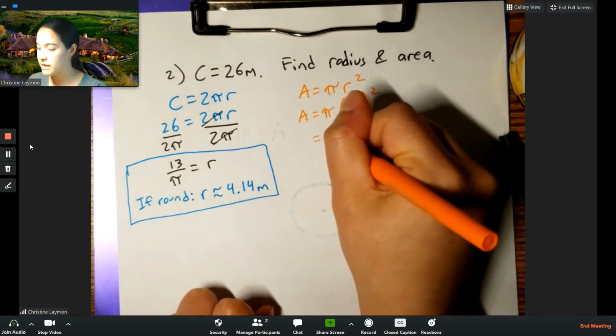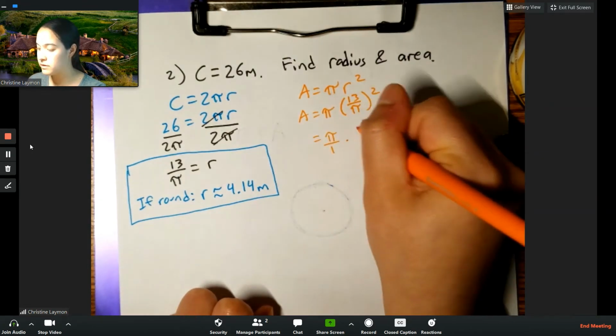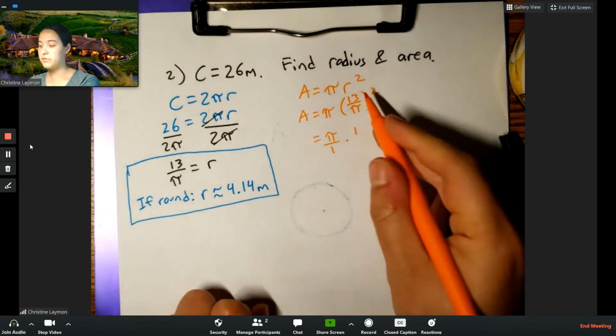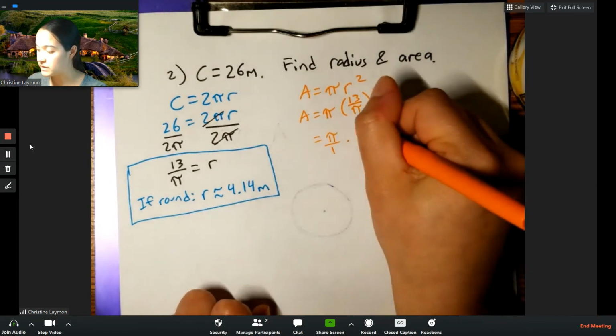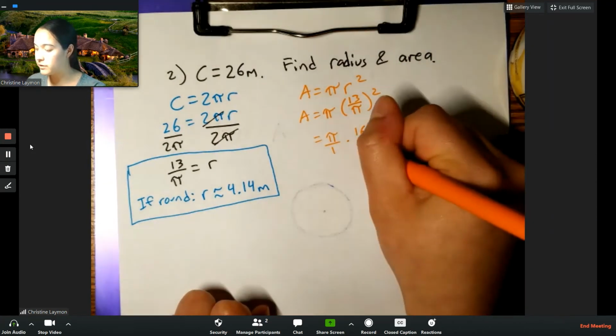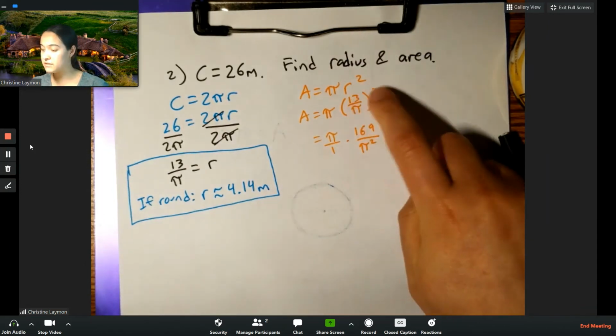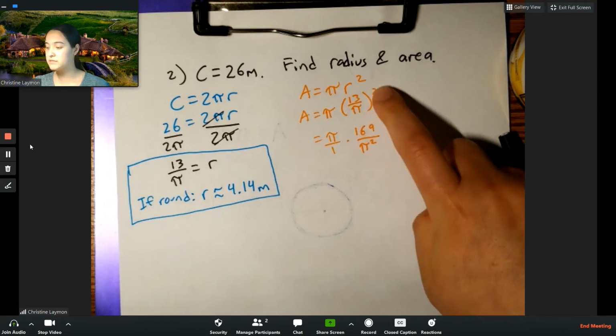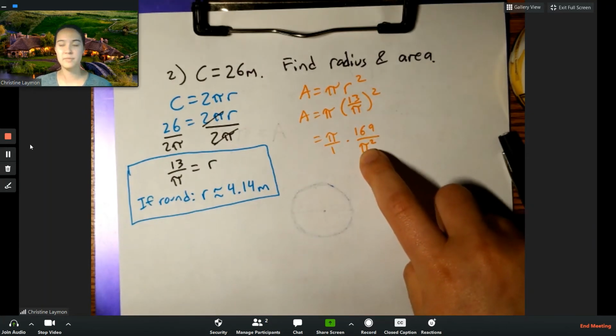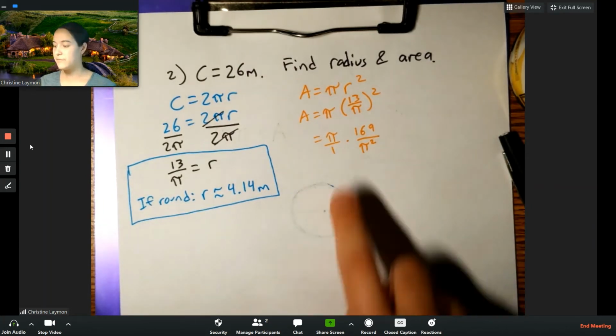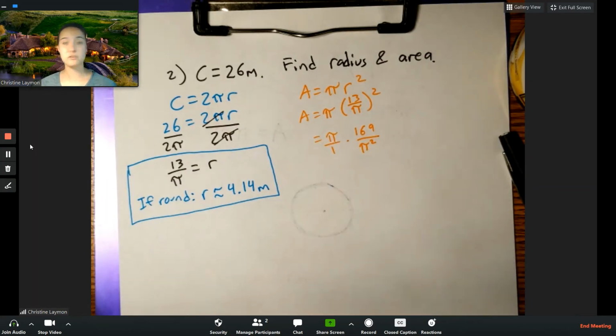This can be rewritten as pi over 1 times, now 13 squared, that's 169. On the bottom, I have pi squared. Now, notice here that I have a pi up top and pi squared on the bottom.